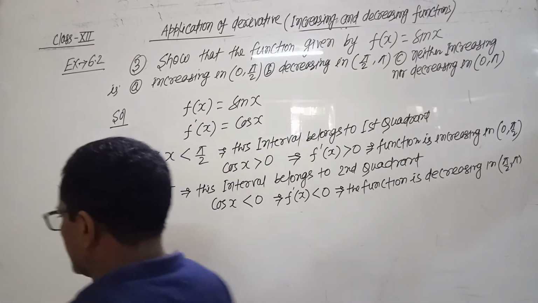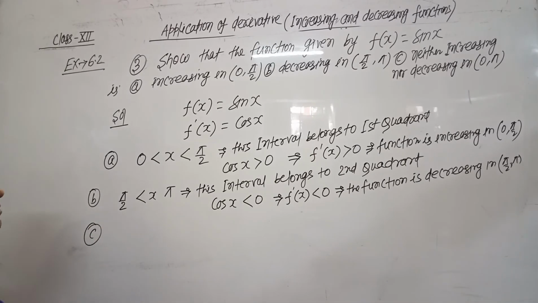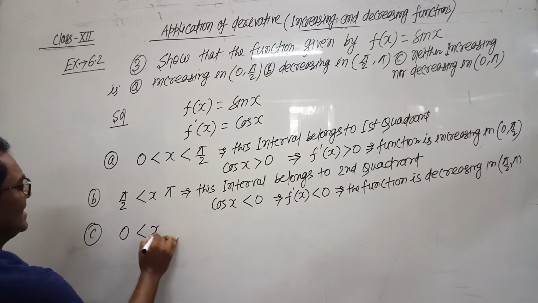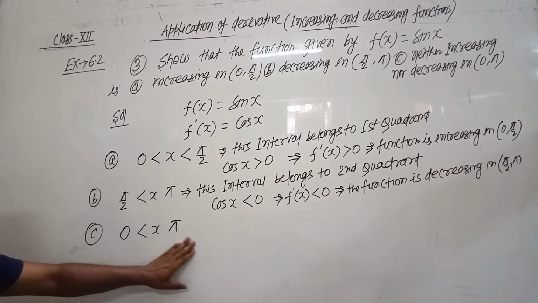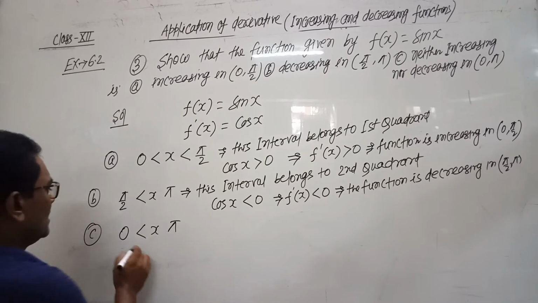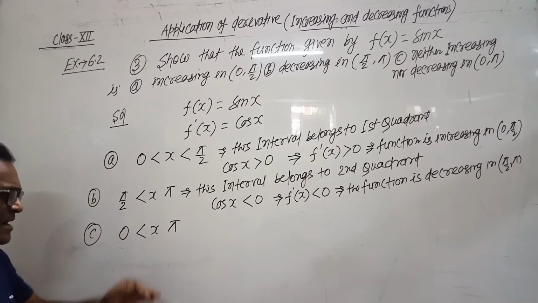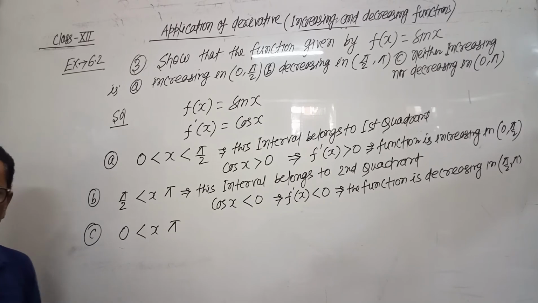Now the third part, from 0 to pi. It means 0 is less than x is less than pi. X belongs to the first quadrant plus second quadrant.